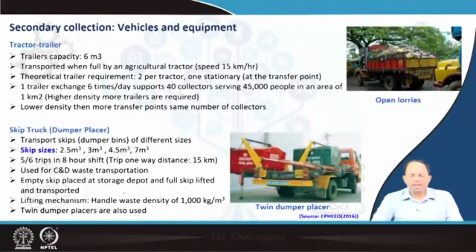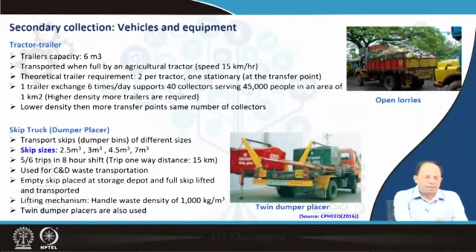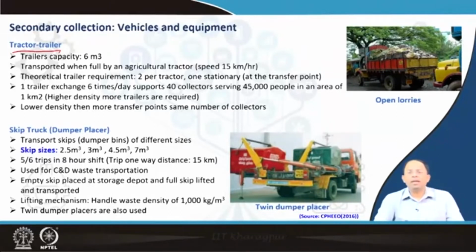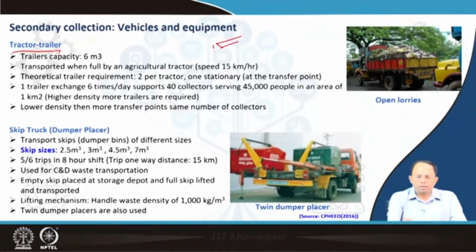Now coming to secondary collection vehicles and equipment, of course these are larger vehicles. The basic system is a tractor trailer system, which is still found in many smaller cities or semi-rural areas, where usually we have an agricultural tractor, and there is a trailer at the back.